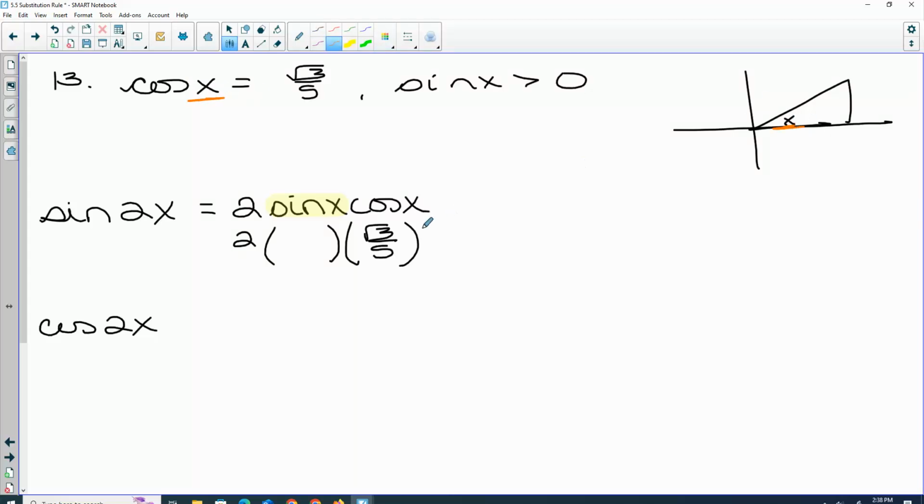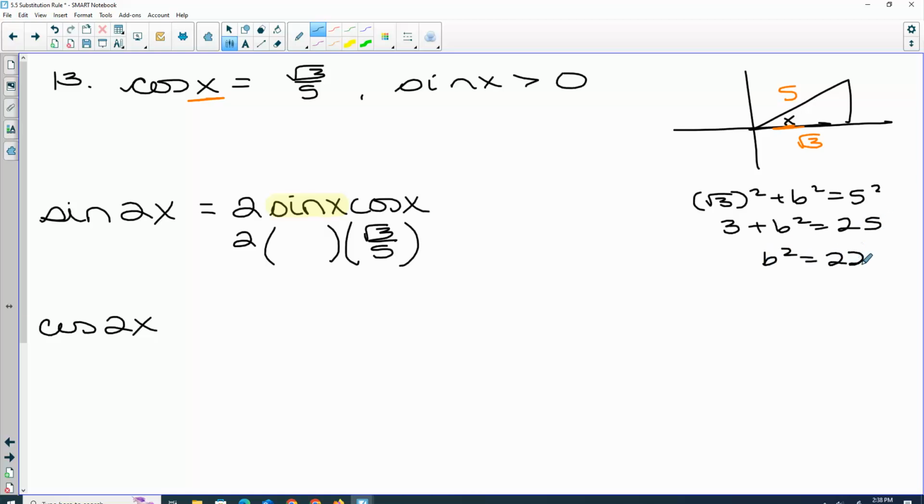Cosine is adjacent over hypotenuse. So then Pythagorean theorem. A squared plus b squared equals c squared. B squared equals 22. Square root, we do plus or minus, but in the first quadrant we know it is positive.